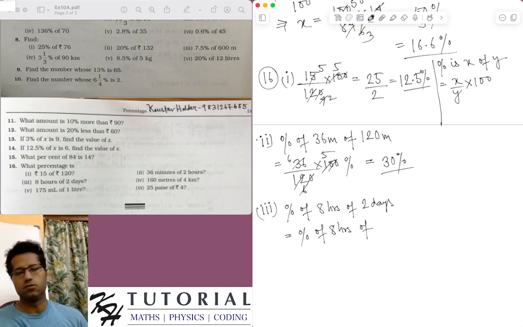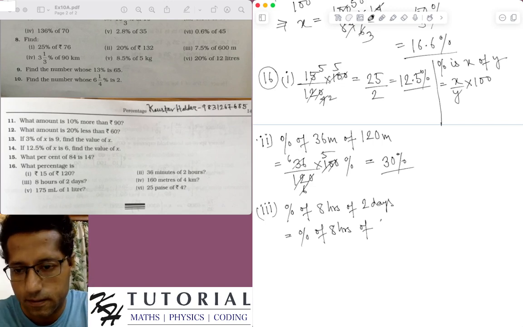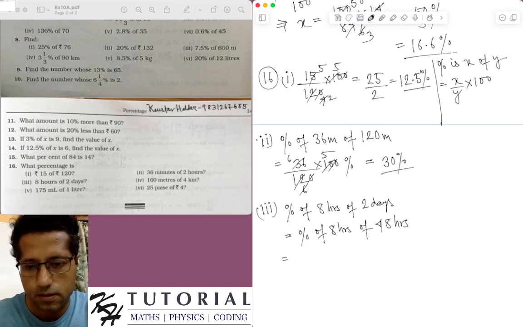We have to convert this into hours. So 2 days is 24 into 2, 48 hours. Now this is 8 by 48 multiplied by 100.